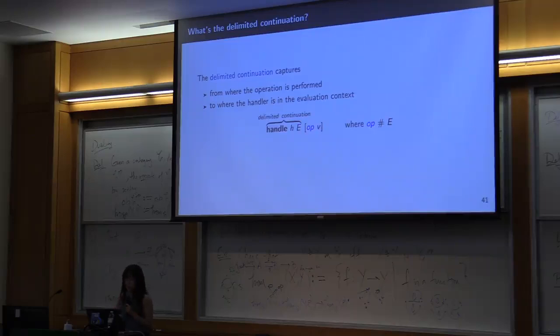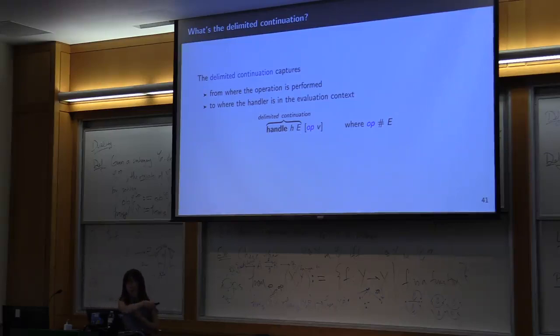So more precisely, if you perform an operation in your program, let's say your program currently looks like this, you have a handler available in the evaluation context.